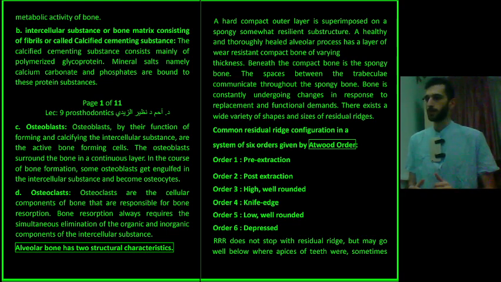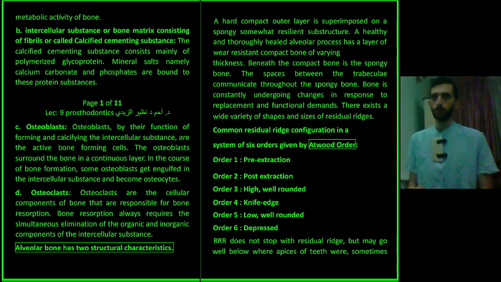Alveolar bone has two structural characteristics. A hard outer layer is superimposed on a spongy, somewhat resilient substructure. A healthy and thoroughly healed alveolar process has a layer of wear-resistant compact bone of varying thicknesses.